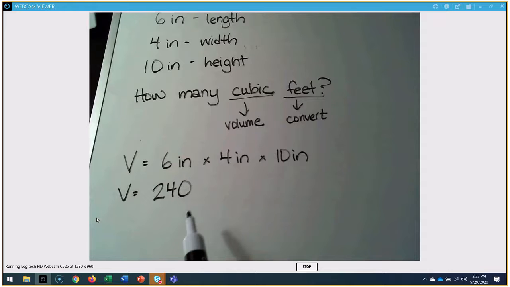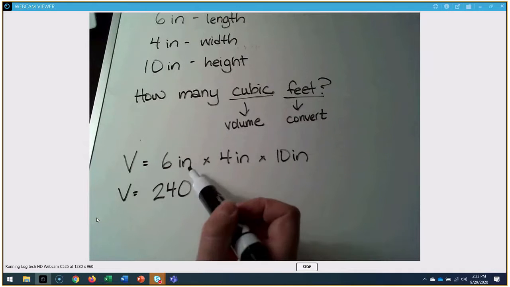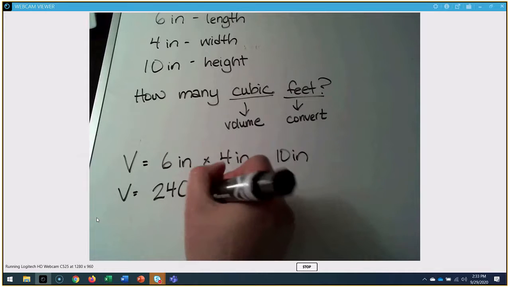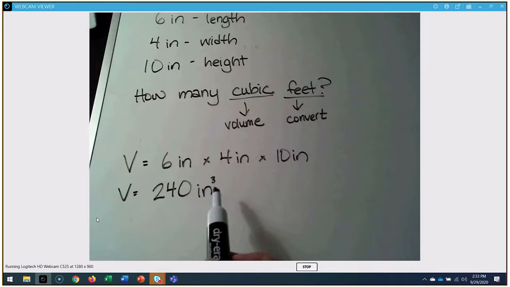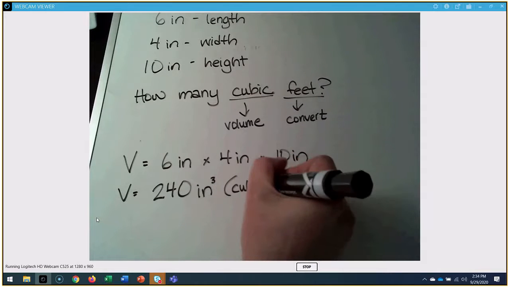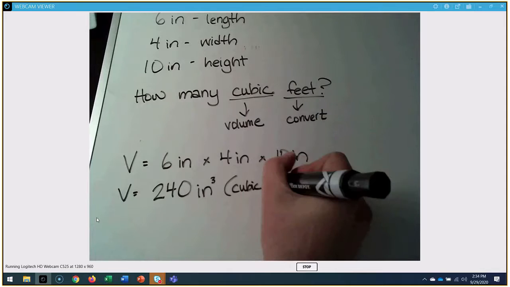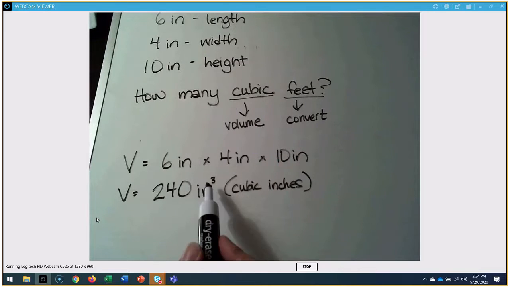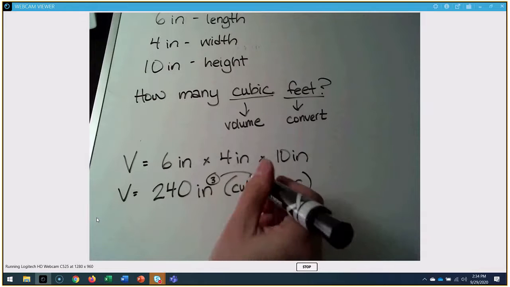But also, the labeling is extremely important in all of this. Inch times inch times inch, there's 3 of them, is inch cubed, which is commonly said as cubic inches. The 3 is read as cubic.